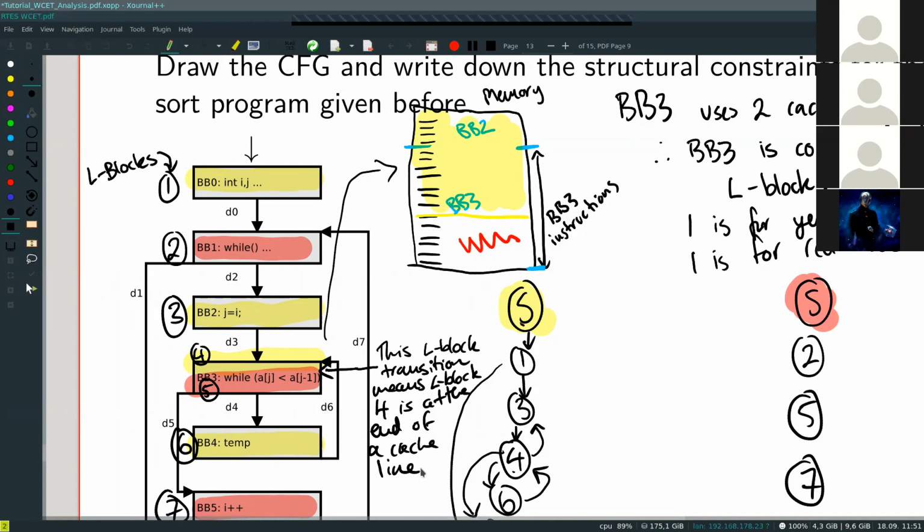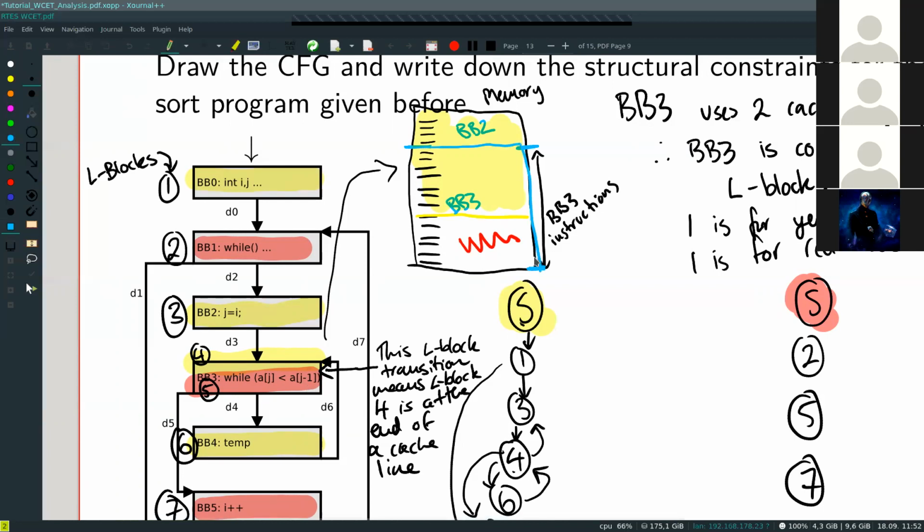Because the basic block is sequential instructions, they cannot be interrupted, meaning they have to be sequential in memory. Because we have this yellow to red transition inside of a basic block, the yellow L block is at the end of an L block, and it will then continue on into the red L block, which makes up BB3. So we can confirm this is how our basic blocks look in memory.